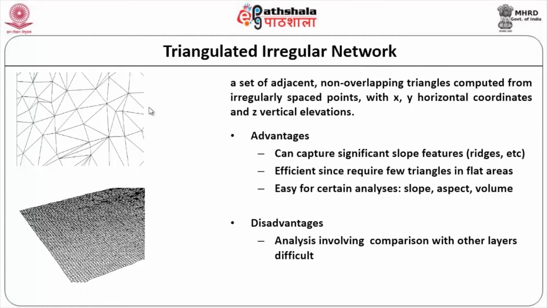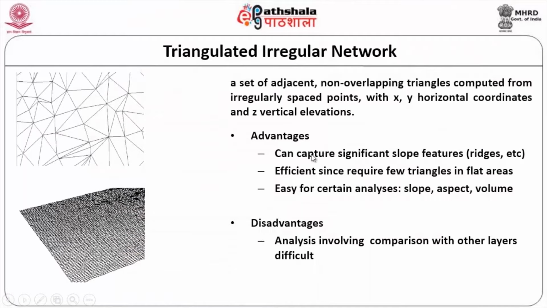What are the major advantages? It can capture the slope factor, the aspect factor, especially in hilly terrains which are inaccessible in nature. It is efficient since we will be in a position to use fewer triangles in flat terrains.